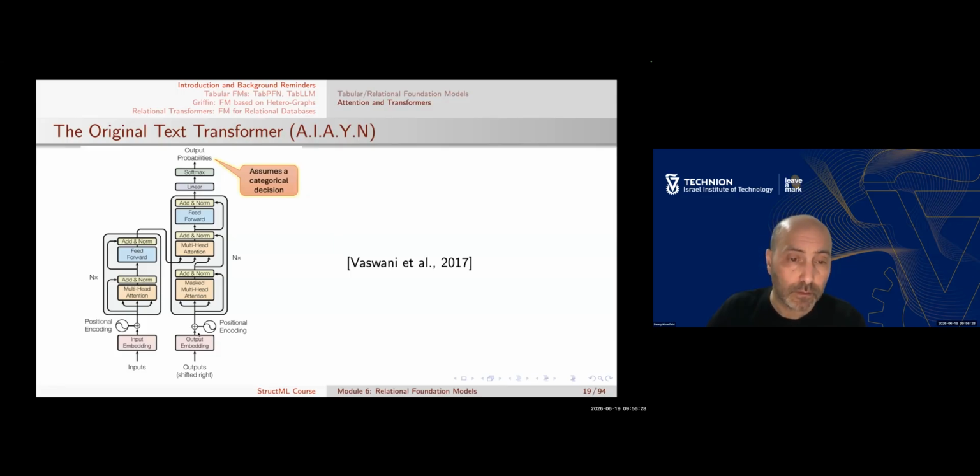The positional encoding is basically used for ensuring that a node or text element, a word, a token, is looking just at the previous tokens and not the future tokens. We don't have this concept in relational learning. That's why I'm not getting into that.